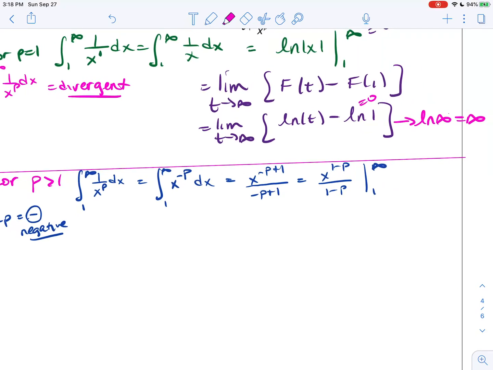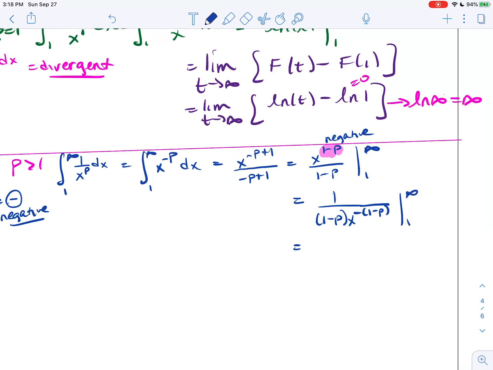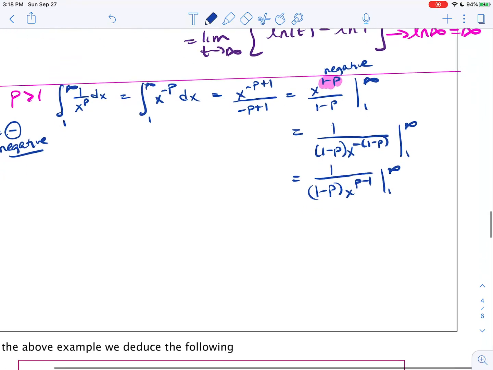And so if we have that this is negative over here, we can then say that this is going to be 1 over 1 minus p times x to the 1 minus p, or negative p minus 1, from 1 to infinity, and we can see that that's going to be 1 over 1 minus p times x to the p minus 1 in the denominator, and p is going to be bigger than 1, so that's still going to be a positive number, from 1 to infinity.